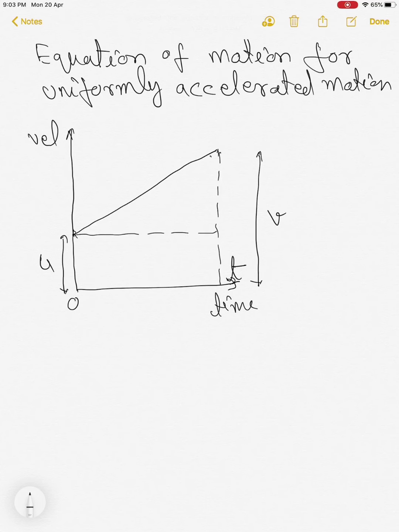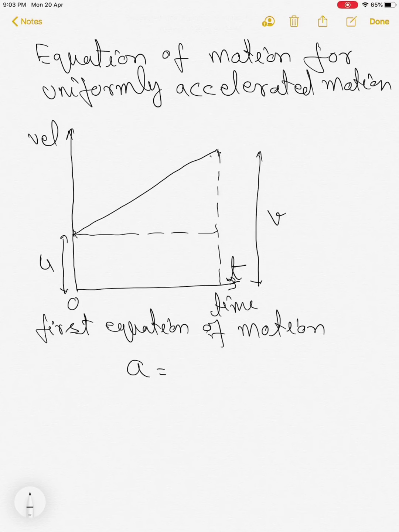So, the first equation of motion. It is a relationship between velocity, acceleration and time. As we know that the slope of a velocity time graph gives acceleration, denoted by a. The slope of AB will be BC upon AC.